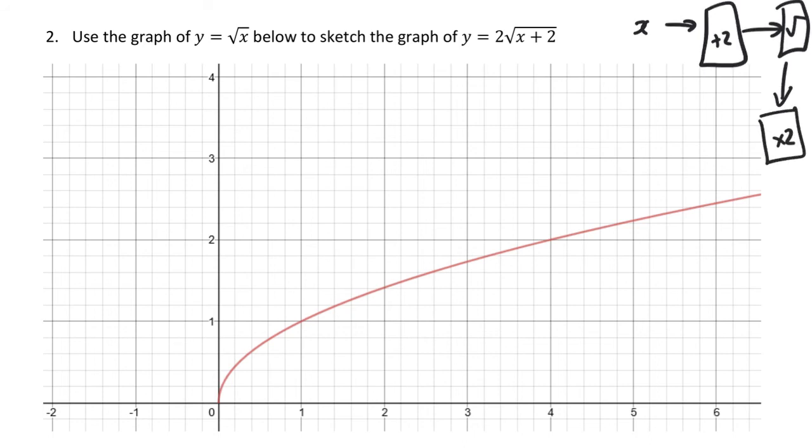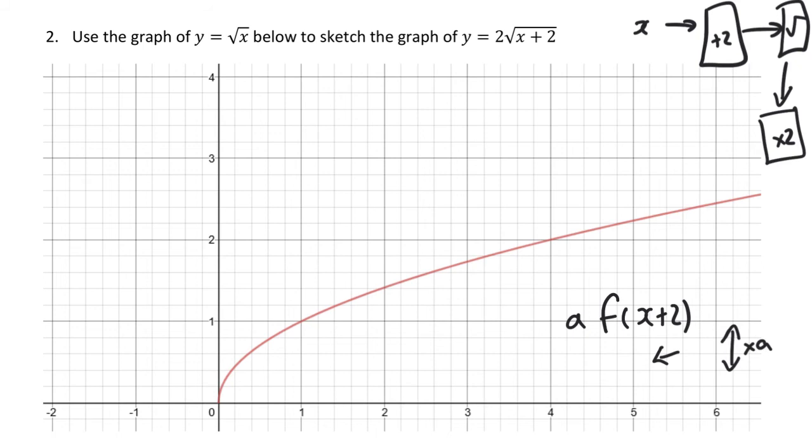Function notation then, we're going to have a f of x plus 2, so we're going to plus 2 first of all, then multiply it by a. So that's going to be a translation first of all, 2 units to the left, and then we're going to stretch it up by a factor of a.